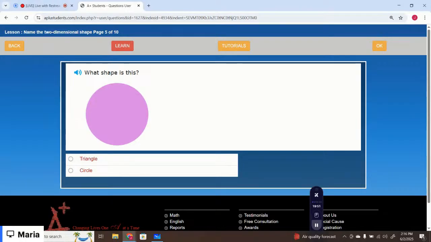What shape is this? That is a circle. Option number two is the correct option.